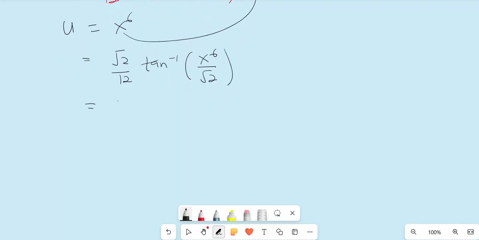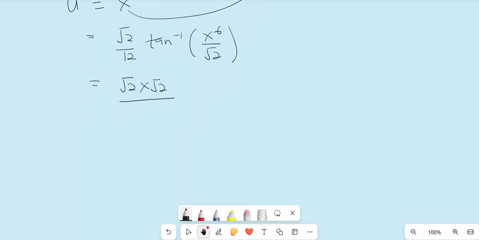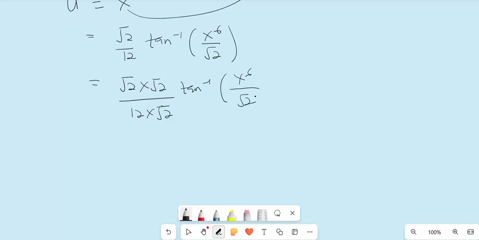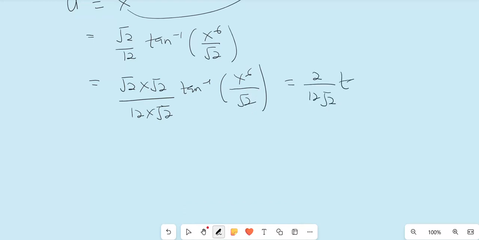And this you are done, but you can do some rationalization here. Over 12 times the square root of 2. I'm just rationalizing the numerator. So this is 2 over 12 root 2, the tan inverse of x to the 6 over square root of 2.